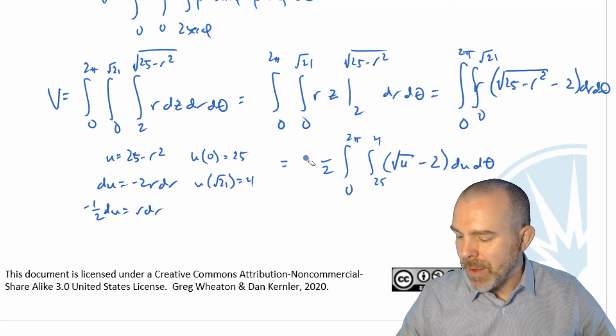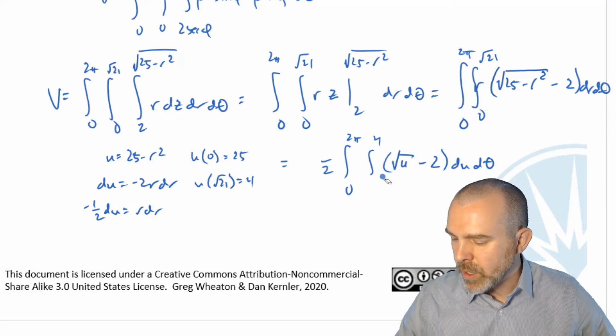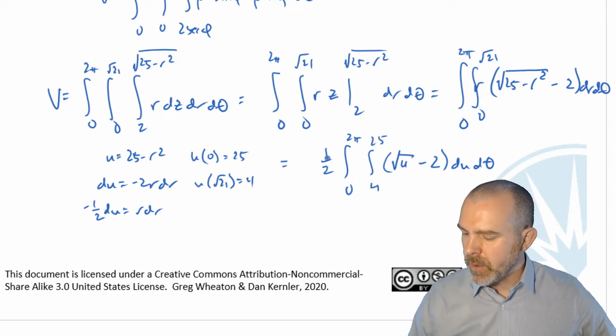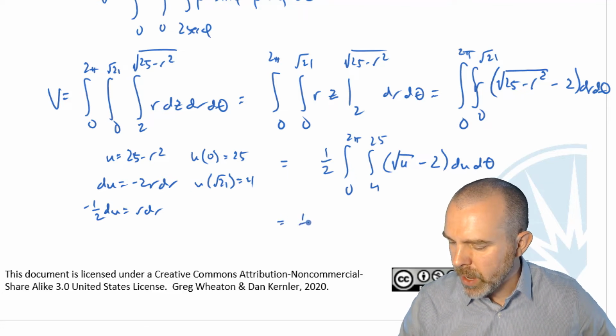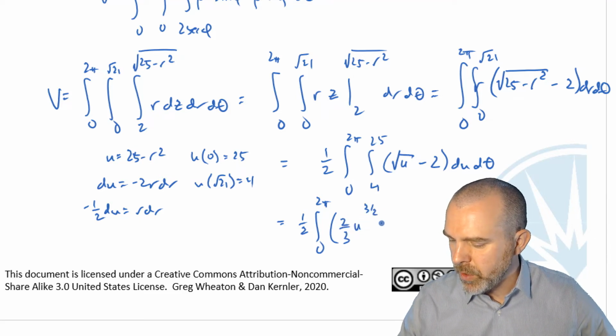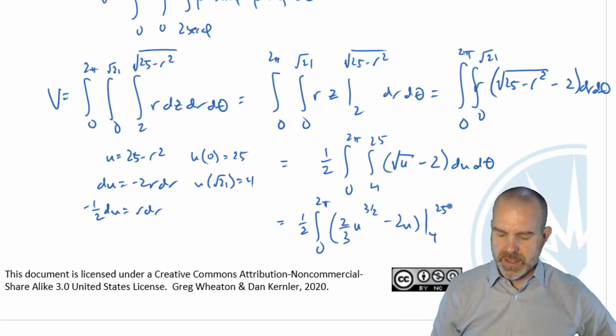Or we could make it positive 1/2 and then switch the bounds 4 to 25. Okay, now we'll integrate 1/2 integral 0 to 2 pi. Integral of square root of u will be u to the 3/2 times 2/3 minus 2u from 4 to 25.